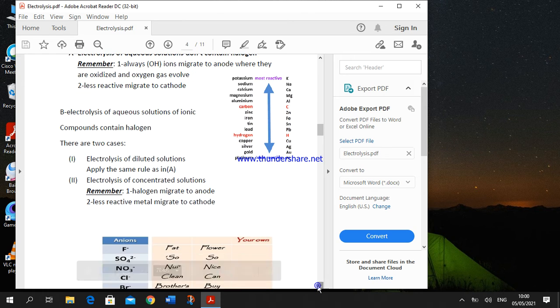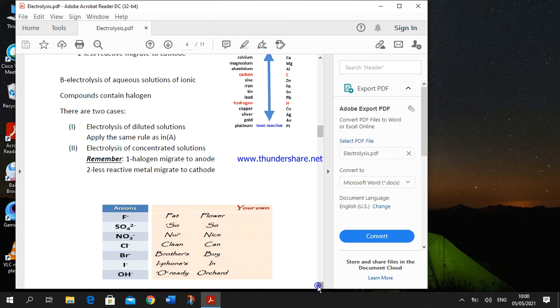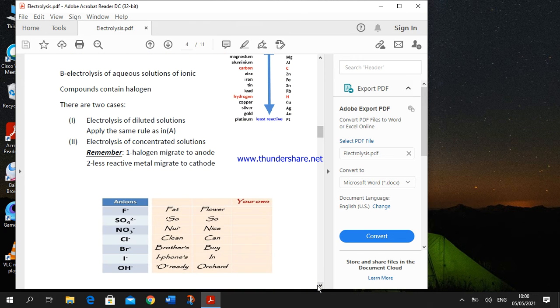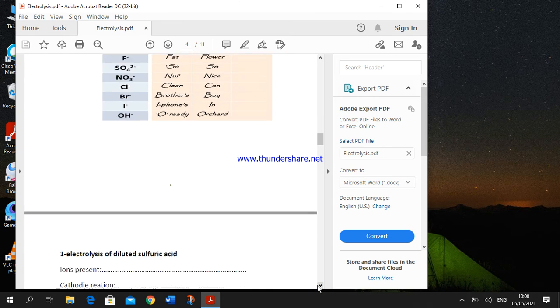Electrolysis of an aqueous solution of an ionic compound containing halogen has two cases. For a dilute solution, we apply the same rule as before. In concentrated solutions, the halogen migrates to the anode and the less reactive metal migrates to the cathode.